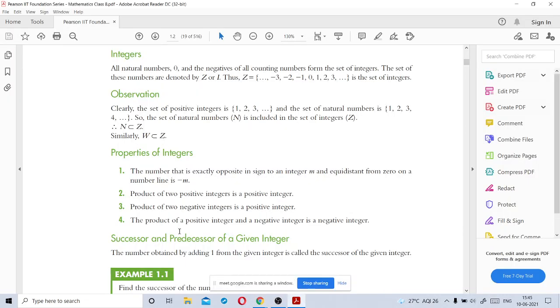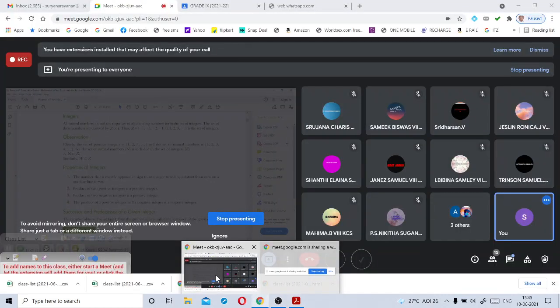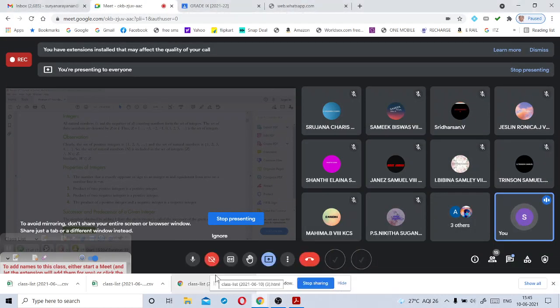The next point: the product of a positive integer and a negative integer is a negative integer. Present this statement in the form of an equation. Can you tell me, anyone? How do you represent this statement in the form of an equation? Anyone? Sir, minus. Yes, my dear Bibina, very good.